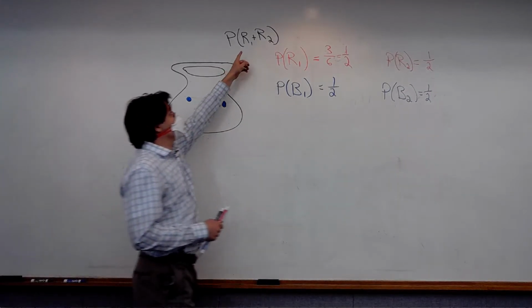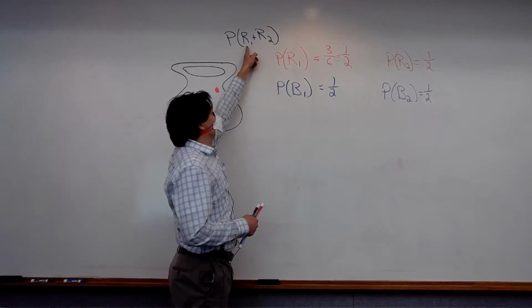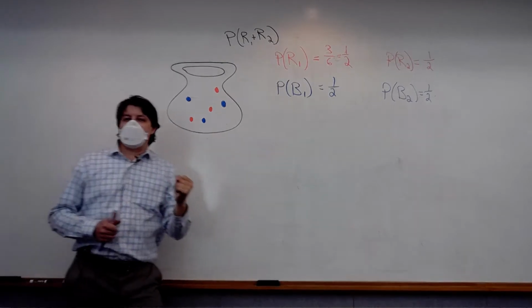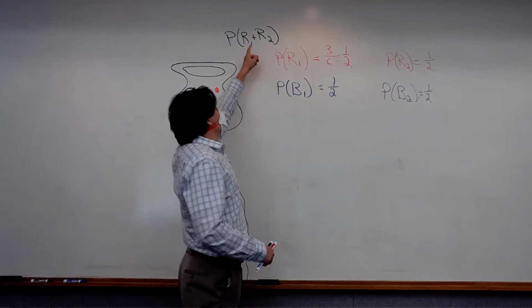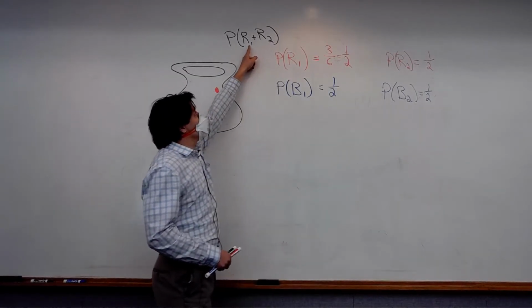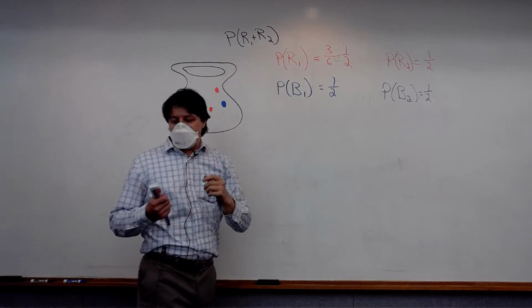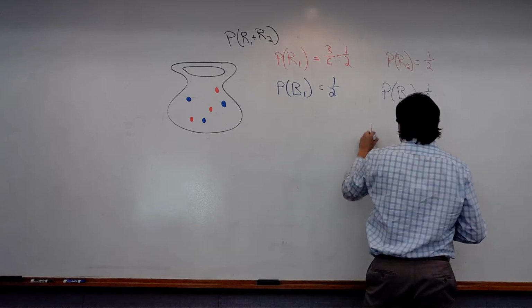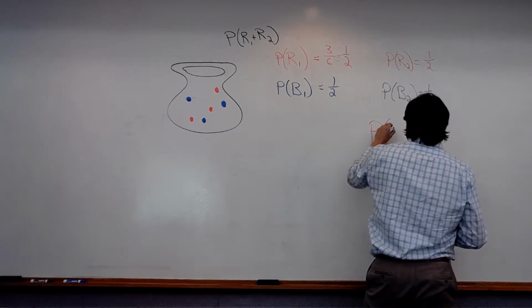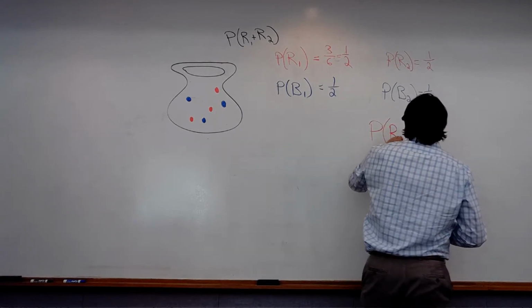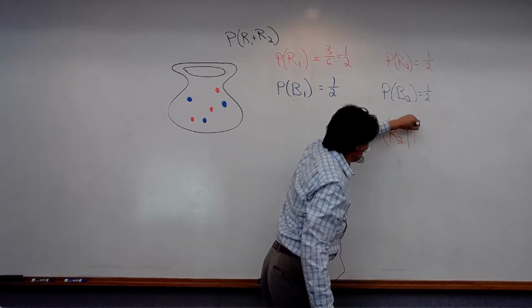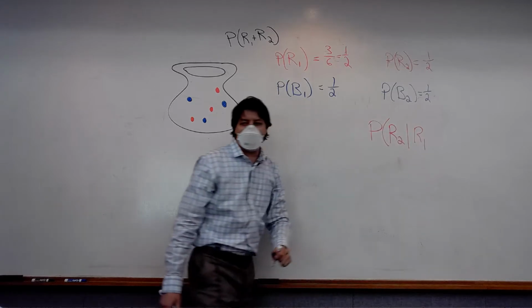What we are after is the case where the first marble is red and the second marble is red. So when we get to that second marble, we're interested in the state of the world where the first marble was red. So what happens to our probabilities when the first marble is red? What's the probability of the second marble being red given that the first one was red?